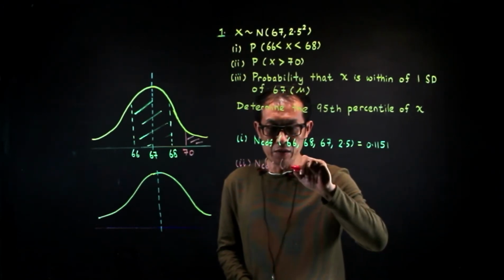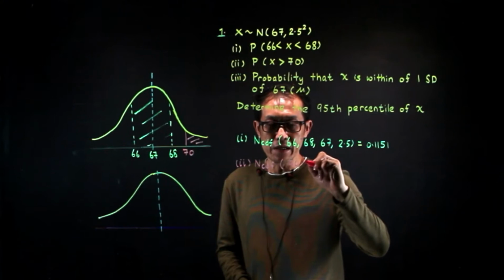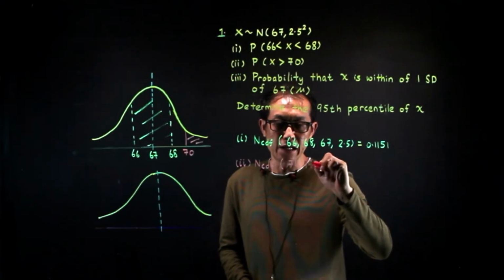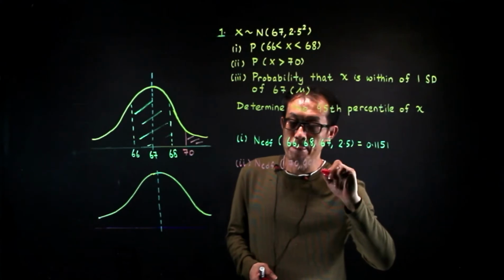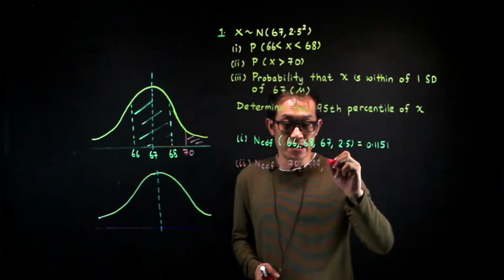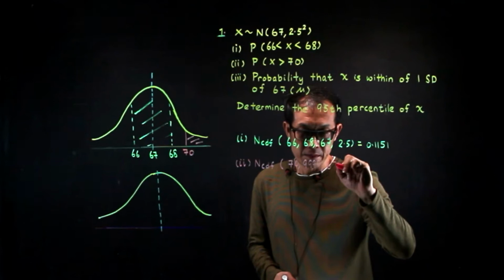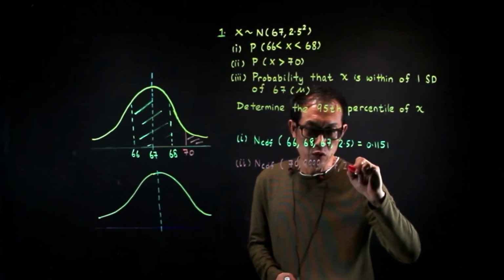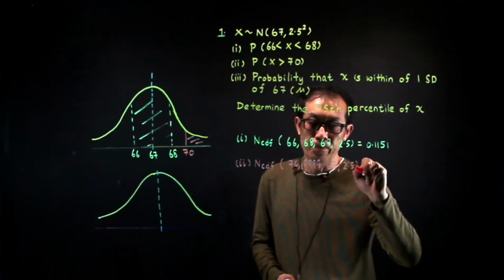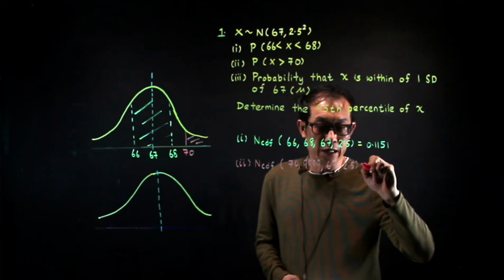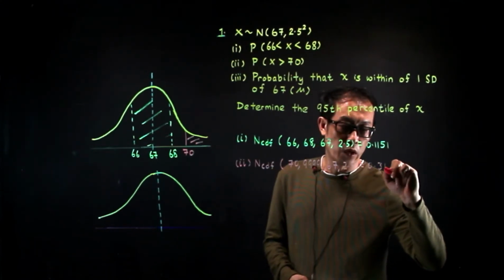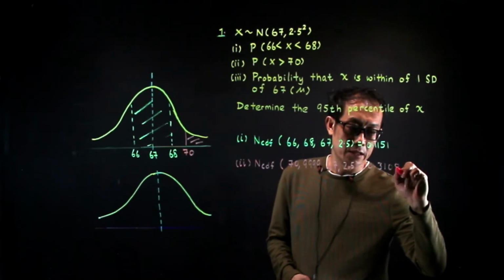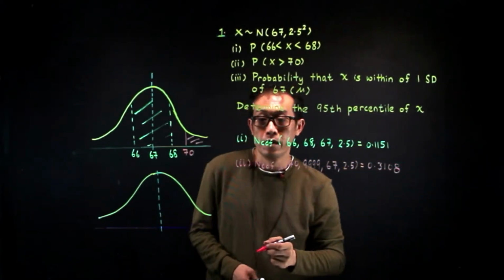So your lower limit is 70, upper limit you can key in 9999. You can put more 9s if you want. Mean is 67, standard deviation 2.5, and then you will get the answer of 0.3108. Okay?